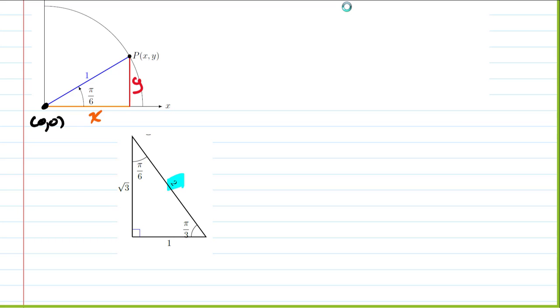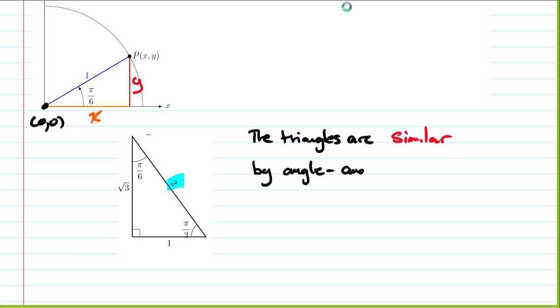But the triangles have all three same angles. So the triangles are similar by angle, angle, angle. So that means that the proportion of their sides must be equal. Well, that means that my proportionality constant k has to be 1/2, because 2 times 1/2 gives me 1.